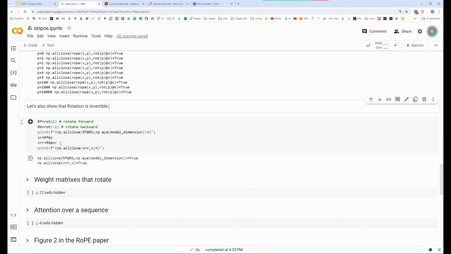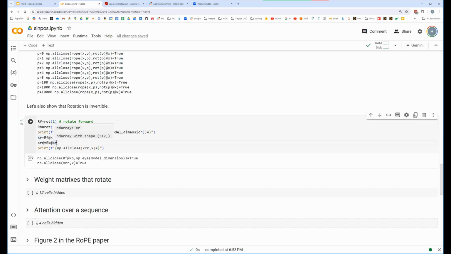So if XR is rotated forward 1, and then XRR takes the rotated one and rotates it back, it should be the same. I happened to just use 1, but any number should have worked.